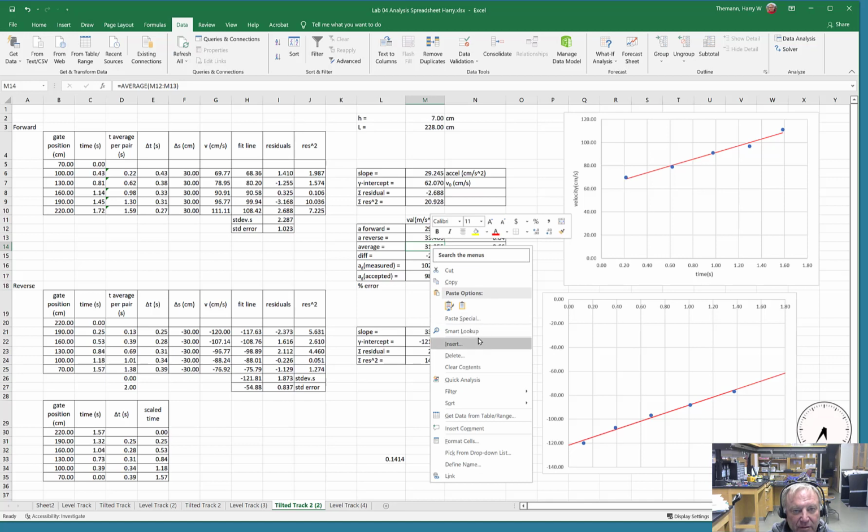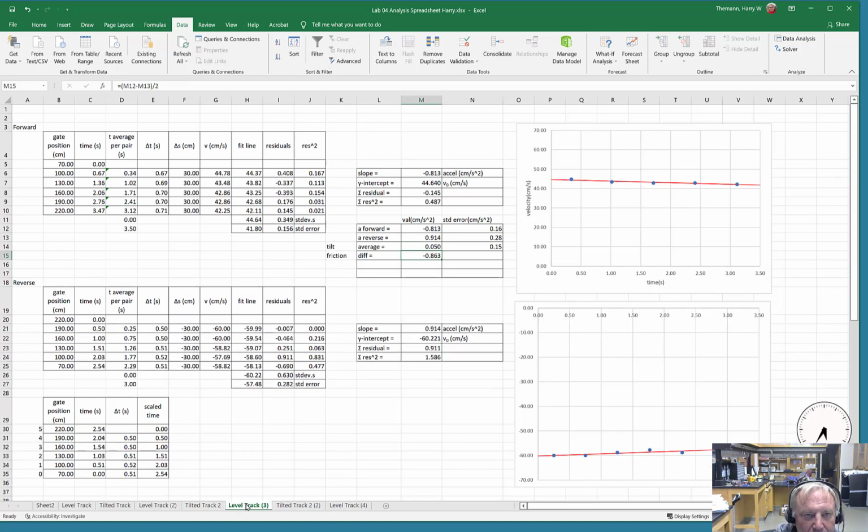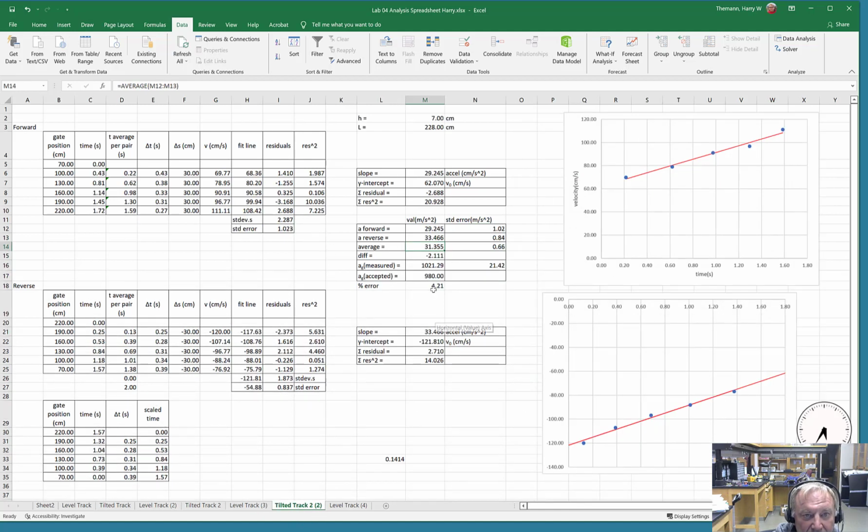So this will, so that is 31.355. So we want to make it 0.05, right? Let me go back here for a second. 0.05. It's interesting. So that would make this 31.405.